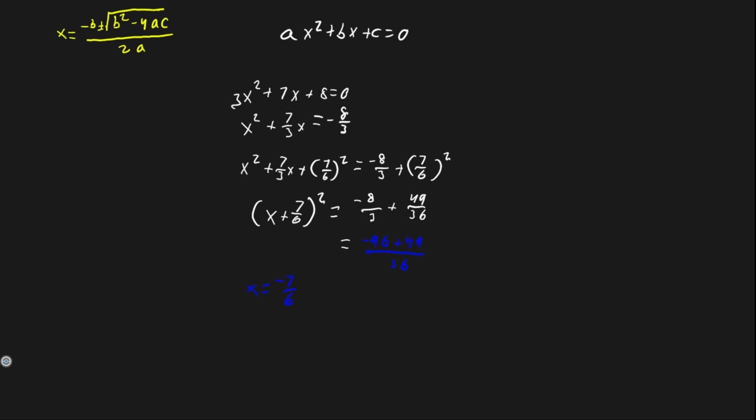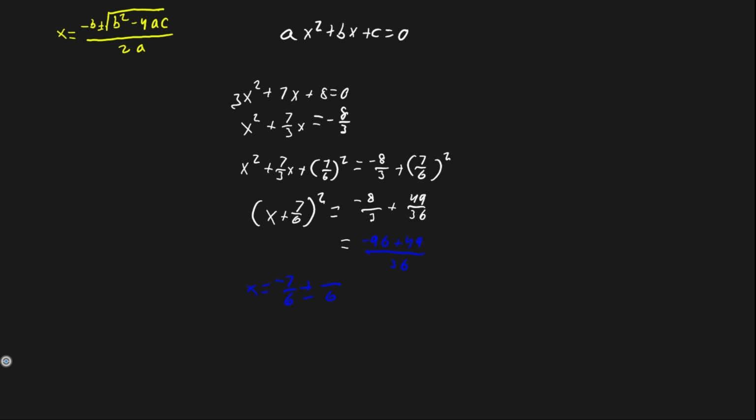Well, I skipped a bunch of steps there, but since we're taking the square root and subtracting negative 7 over 6, we could do it all at once. So plus or minus the square root of, 49 minus 96 is going to give us negative 47.